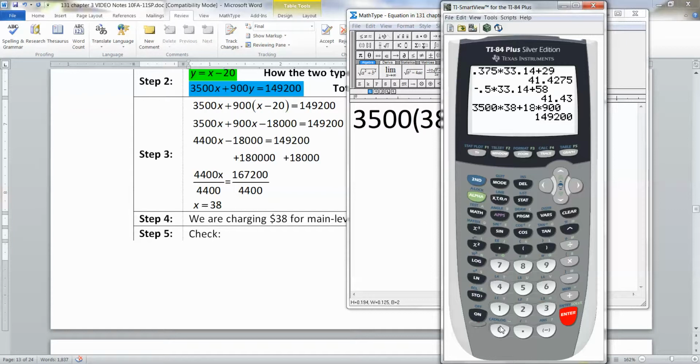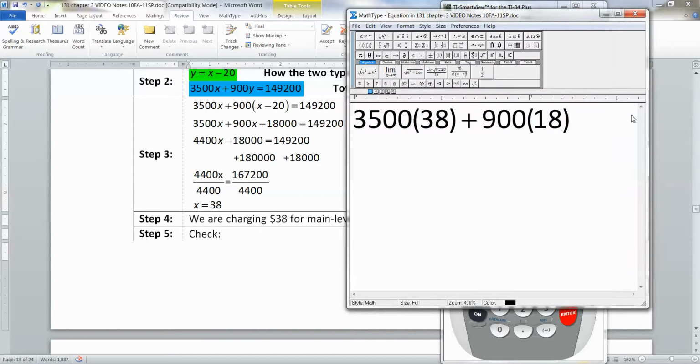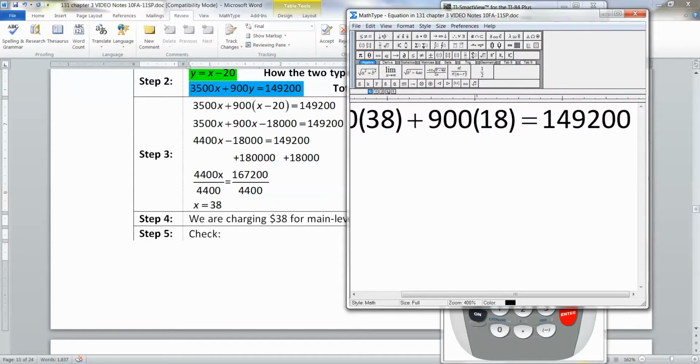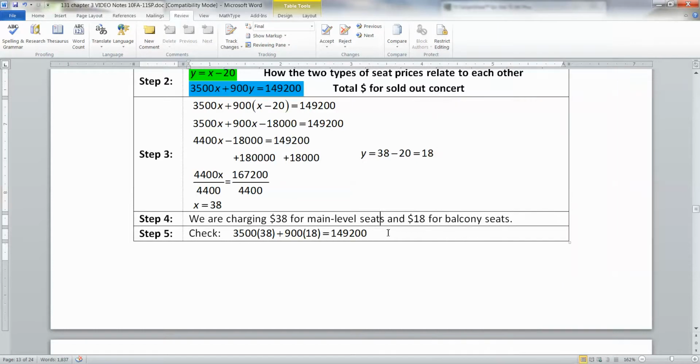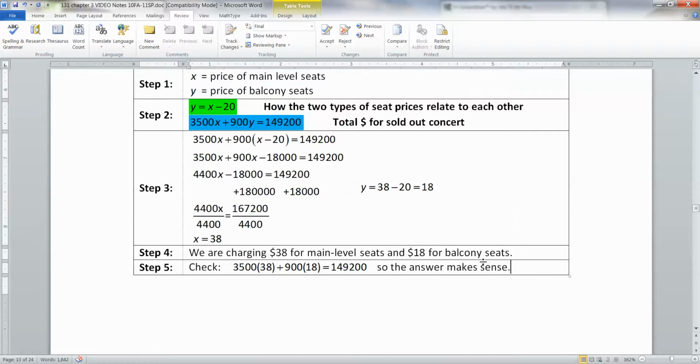Yep, it works out just like we thought. So the answer makes sense, which is what we were really looking for. Does this really work out? All right, we're all done with that one.